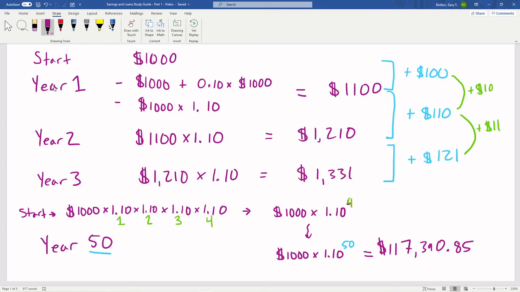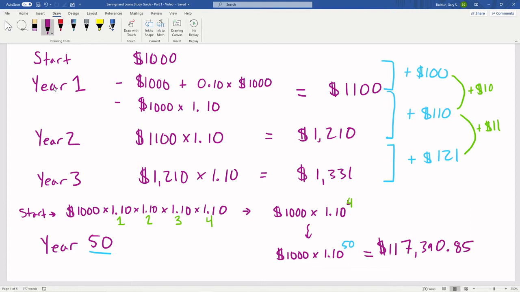There's also, and again we won't do any of the math on this, this idea of inflation. $117,000 sounds awesome now, but in 50 years, that won't buy the same amount of stuff as now. That won't be worth, quote unquote, the same amount as it is today because of inflation.